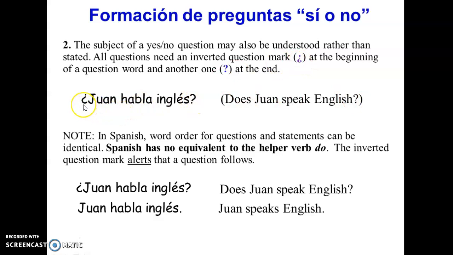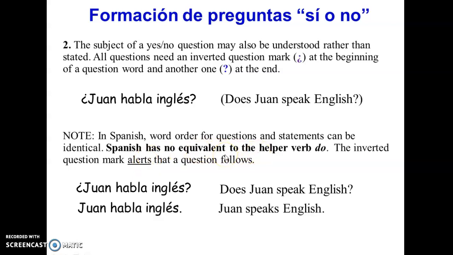We need both to make an actual question in Spanish. Juan habla inglés. Does Juan speak English? The word order for questions and statements can be identical, like I was saying previously. We can go from a statement to a question, and the order doesn't change at all.